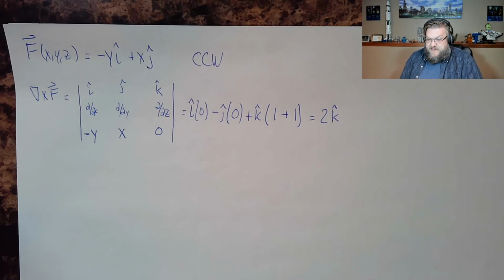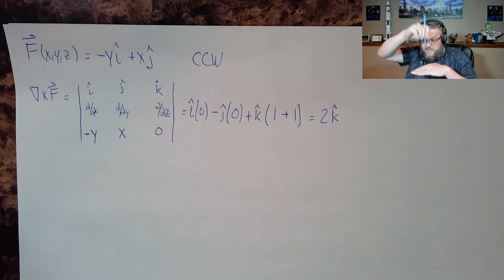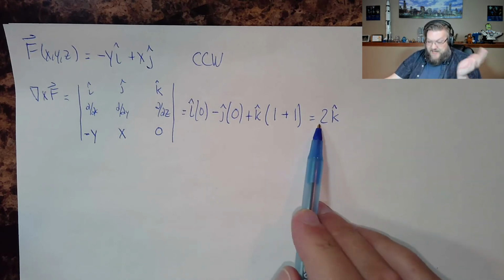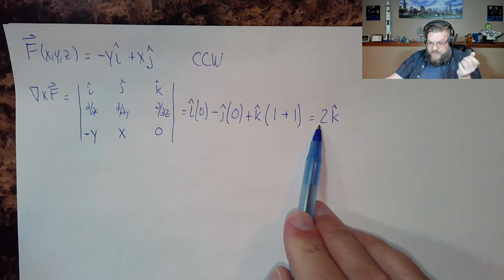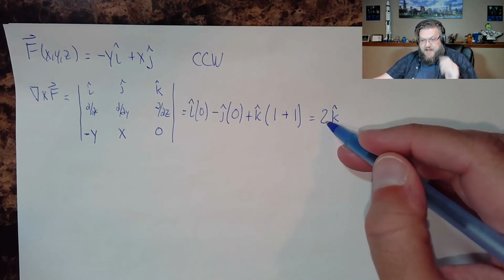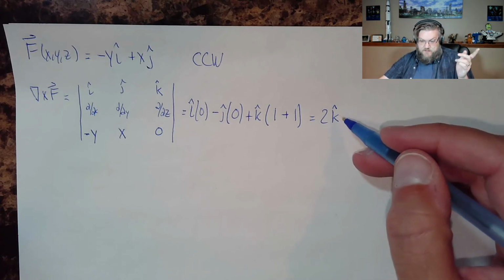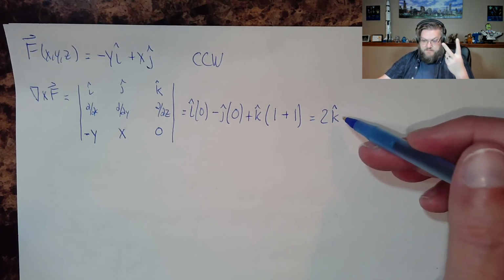So I can tell that rotation is happening in the plane orthogonal to 2k. Notice that it's a positive orientation. That gives me the counterclockwise. And the rotation is faster than the previous one because the magnitude of this is 2.